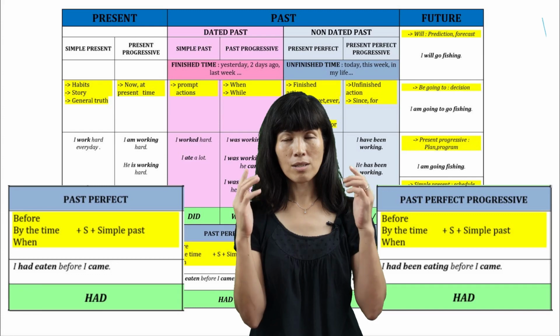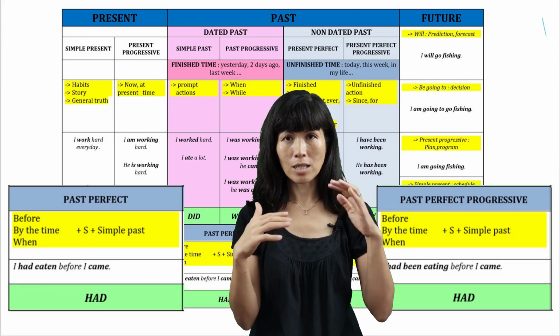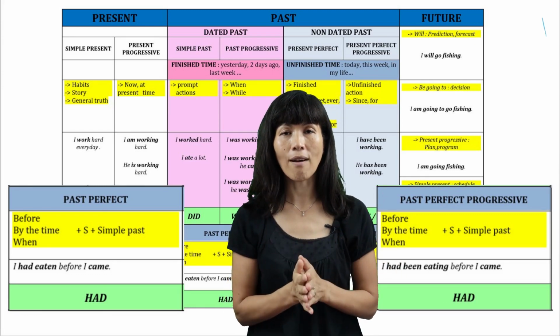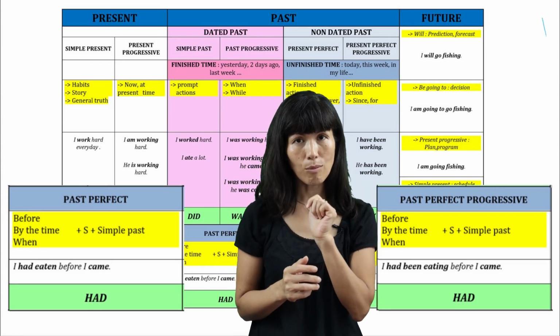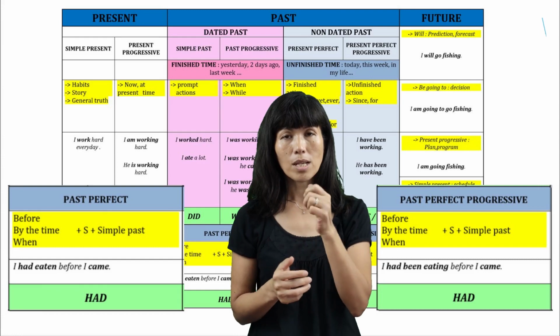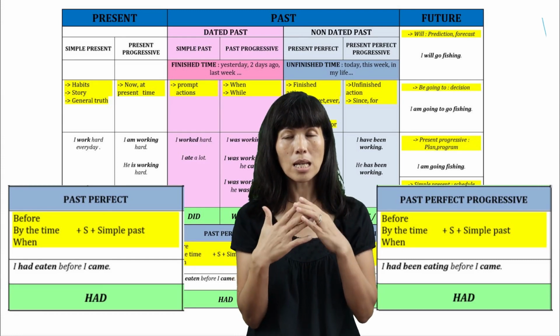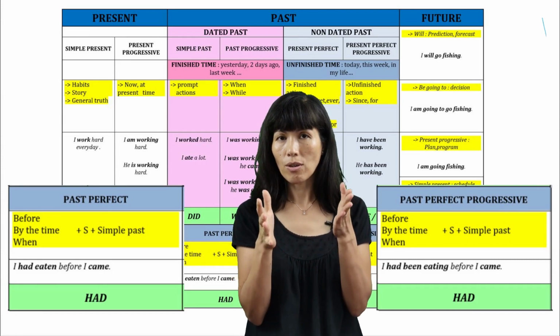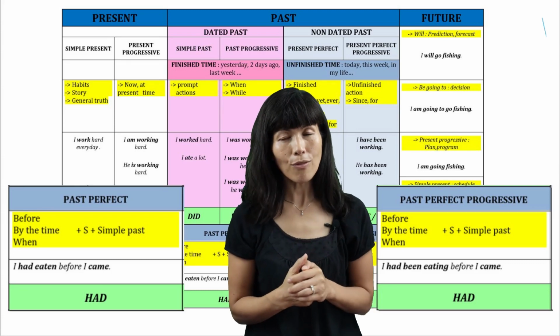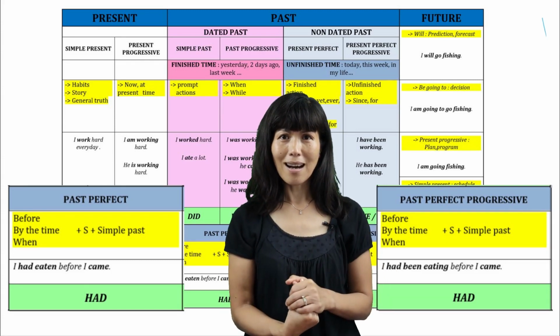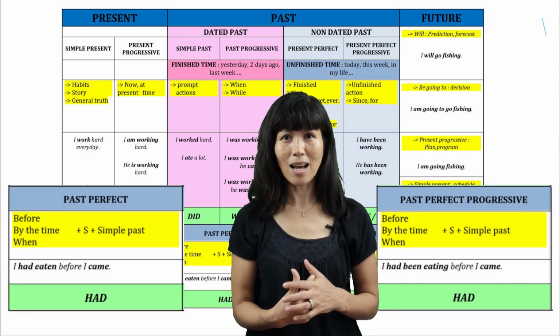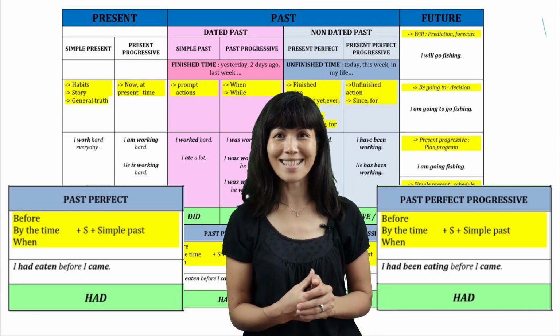And it's very easy to recognize this past and the past whenever you have the words before, by the time, or when. Because these words will indicate a first past. For example, before I started to shoot some videos, I had discussed in length with my friends.